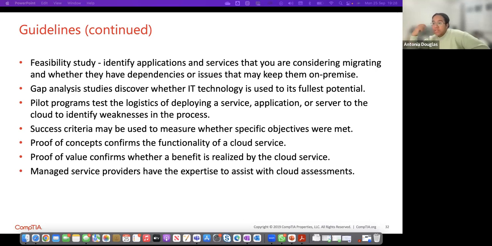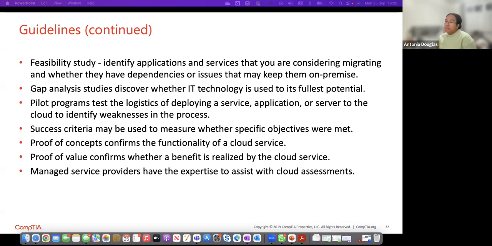Identifying any weaknesses, success criteria, what are those KPIs? How do I know I'm being successful? I'm running proof of concepts to confirm the functionality of the cloud service, proof of value, where is the value for the organization? Is it financial?